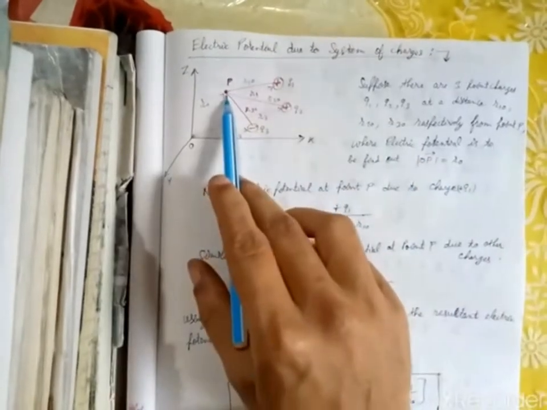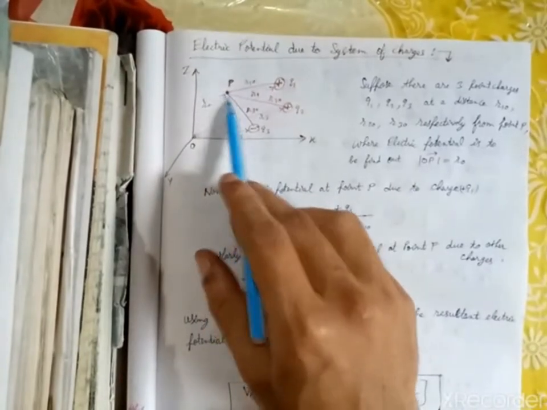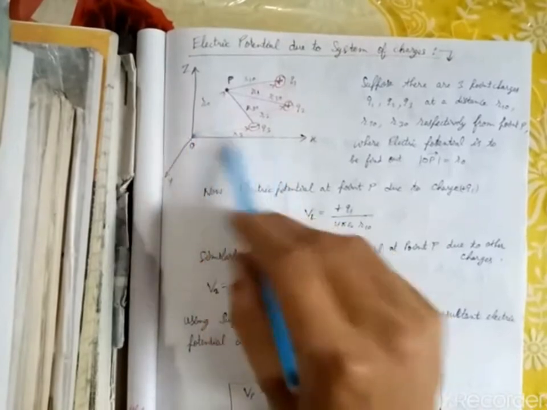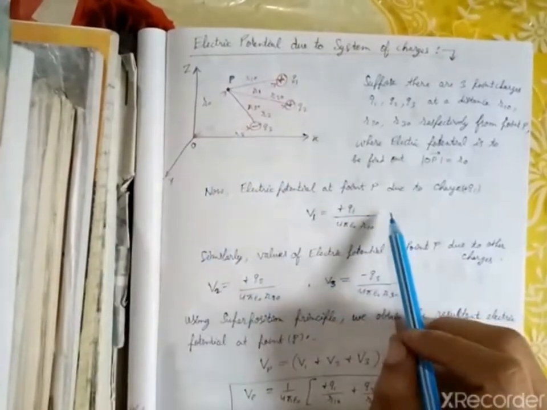So at point P we have to find the electric potential due to all three charges kept in this xyz three-dimensional figure.